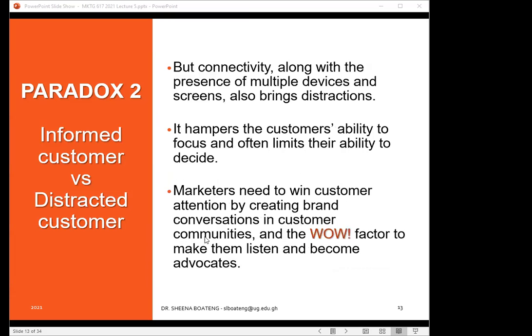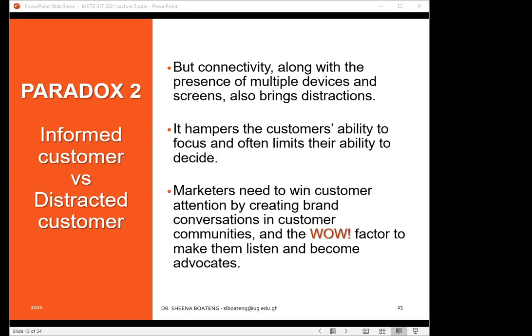Good. So in that case, what are we saying in terms of the informed versus the distracted customer? We are talking about the fact that although they seek all this information, we cannot ignore the fact that they are sophisticated and have an insatiable need to be connected. So they are always connected on all these multiple devices and at any point in time are being faced with various pieces of information from various sources, all coming at them at the same time, right?